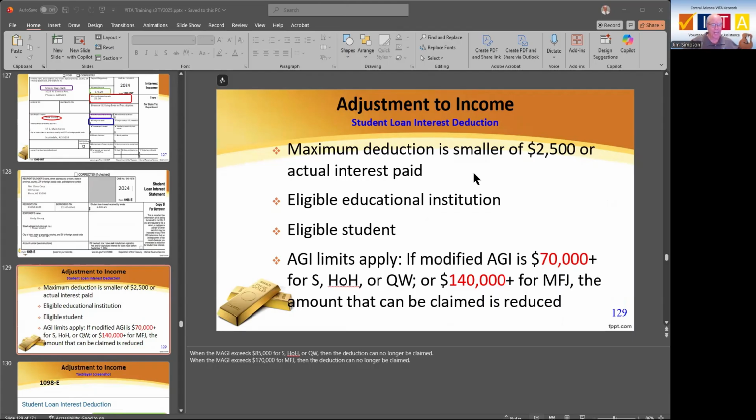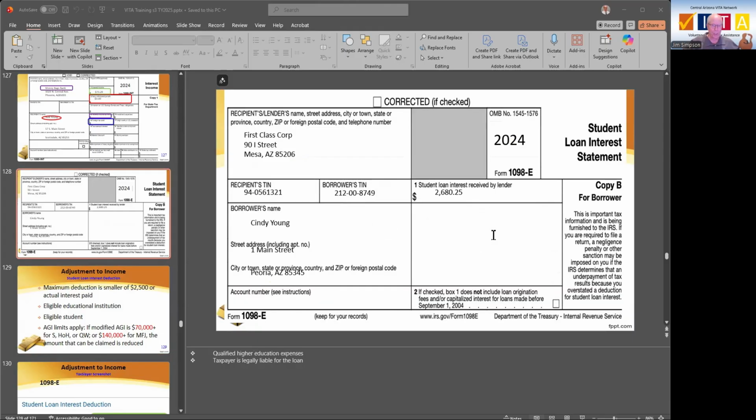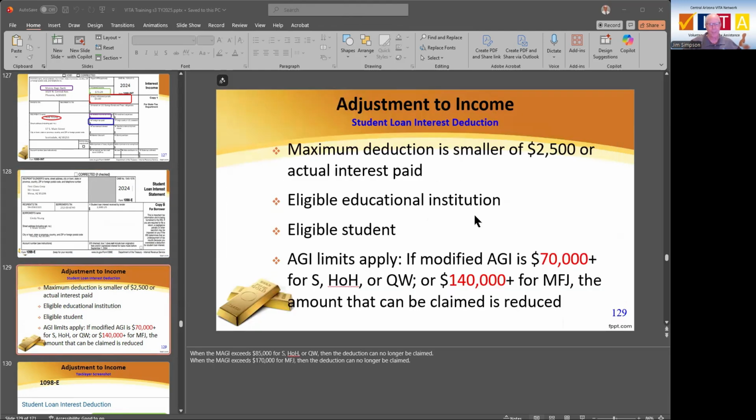Okay. Now, it had to be from an eligible educational institution. That means an accredited institution. Usually you're going to get this form right here, and you don't usually have to look this up. However, I can't really think of an example. I know that there have been some schools that are not accredited and maybe they've lent you money. Usually nobody's going to send you this form if it's not from an accredited institution. So I wouldn't get too hung up on that.